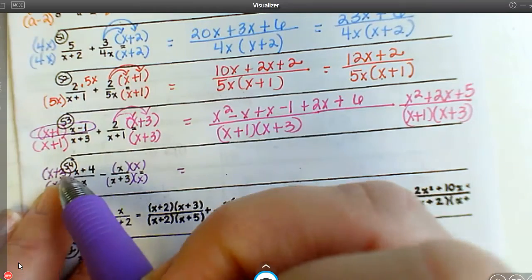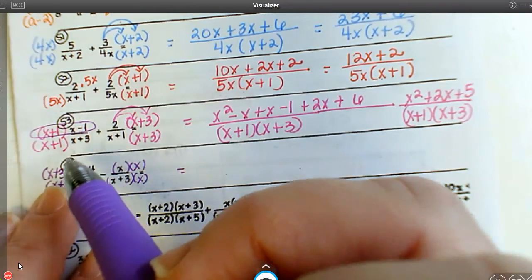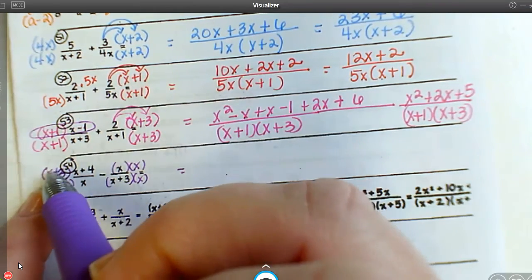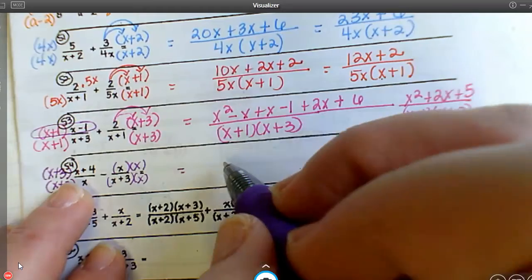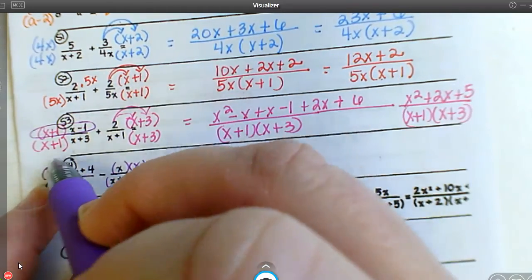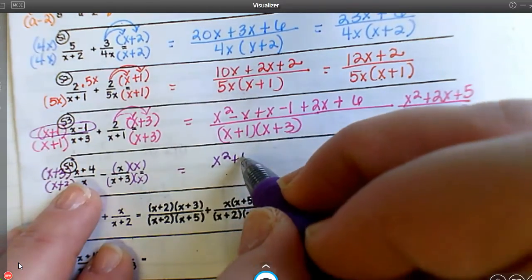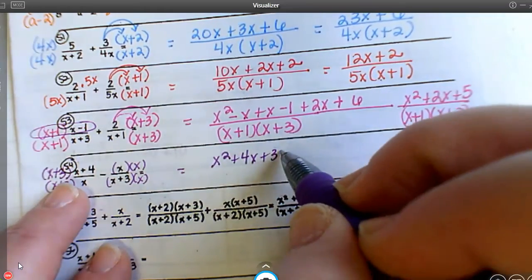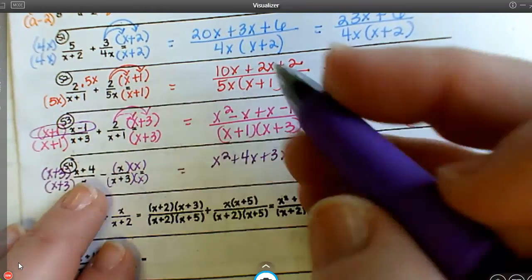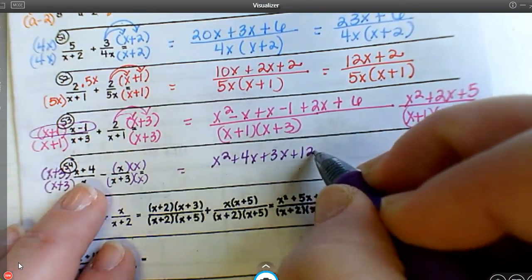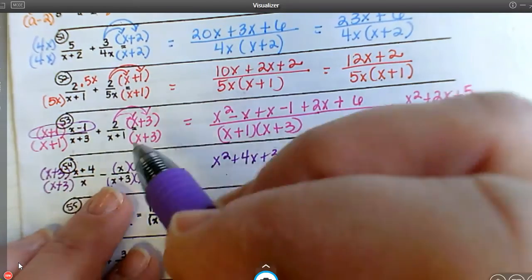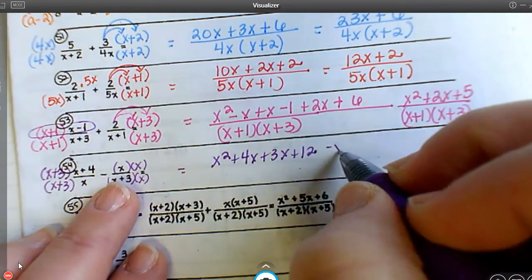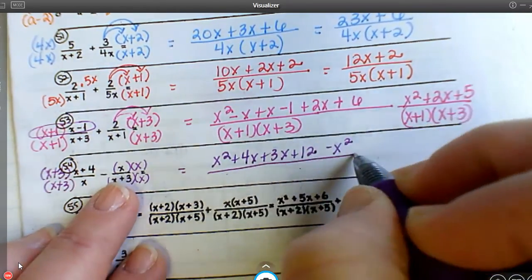Alright, when I do x plus 3 and x plus 4 together, I'm thinking about multiplying each little thing. So x multiplies by x, x multiplies by 4, 3 multiplies by x, and 3 multiplies by 4. Then the two x's can combine, so that's a negative x squared.